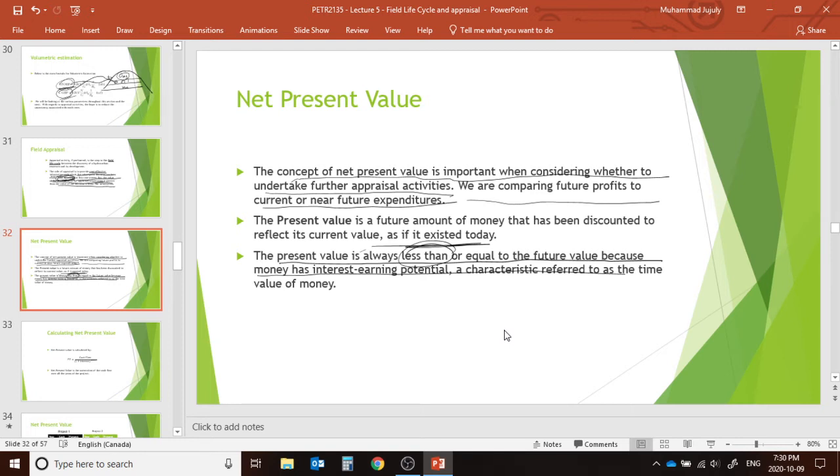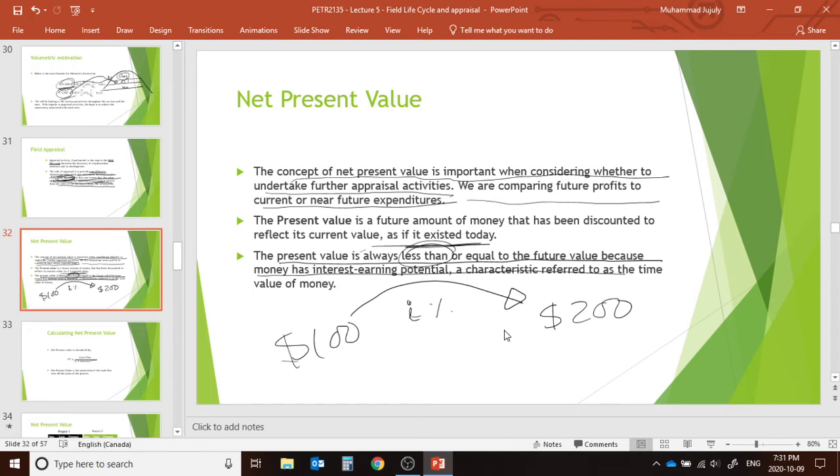For instance, you have $100 right now in your pocket. If you invest this $100, after 5 years it could be $200, right? For a certain rate of interest, if you put it in a savings account at your bank, or if you invest in a share market or anything.